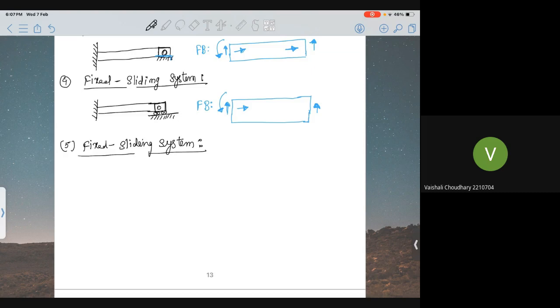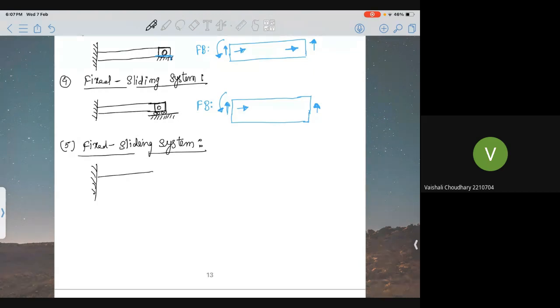But instead of sliding in horizontal direction, we'll have sliding wheels in vertical direction. So now we'll have sliding wheels.